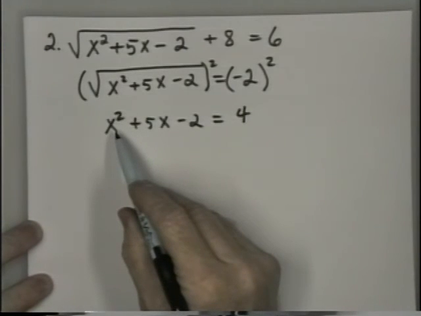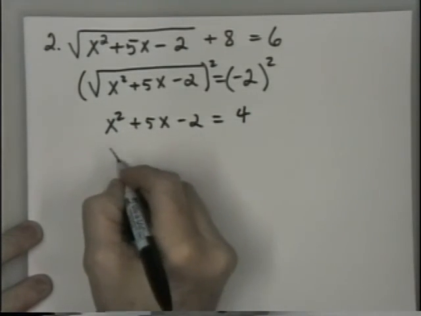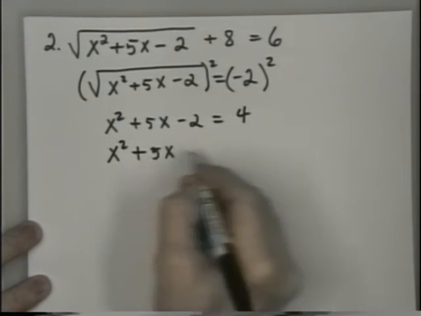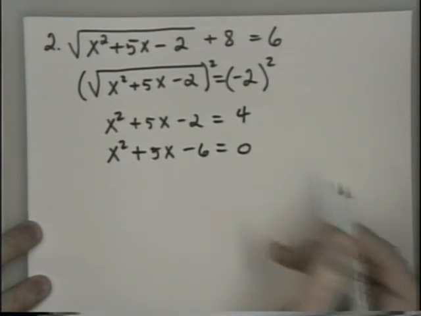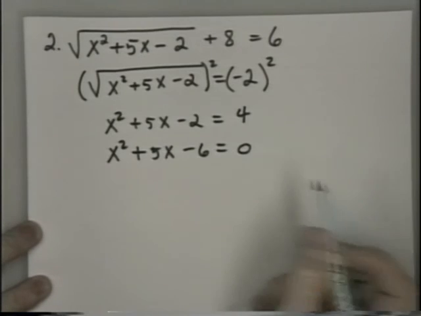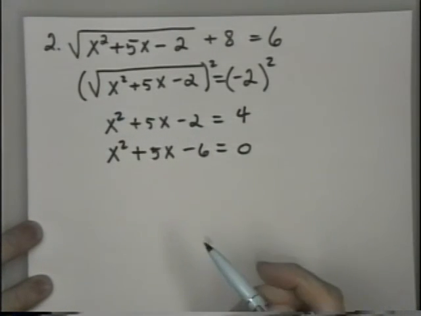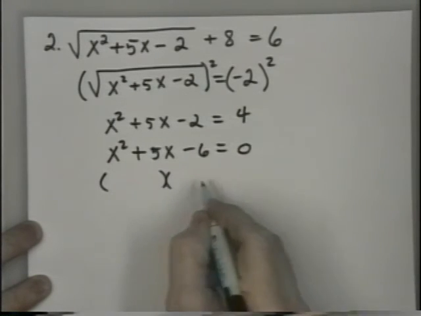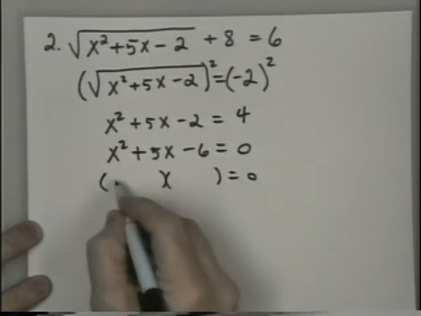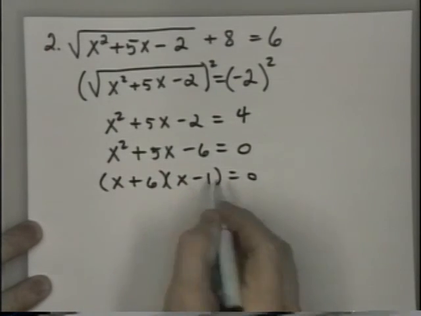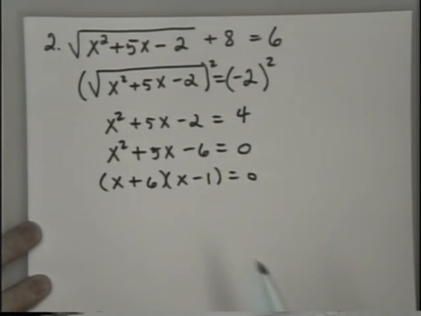Well, hey, it looks like a quadratic equation. So we know the first step in solving a quadratic equation is to set it equal to 0. And we hope that we can use the factoring method. Well, good news, we can. x plus 6, x minus 1 is how that factors.